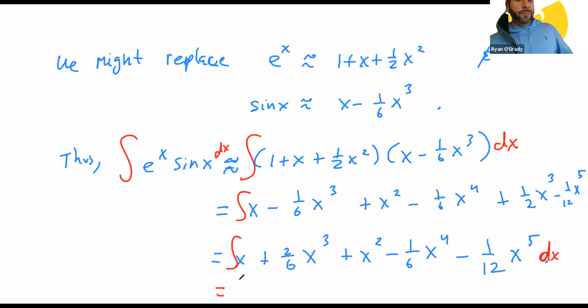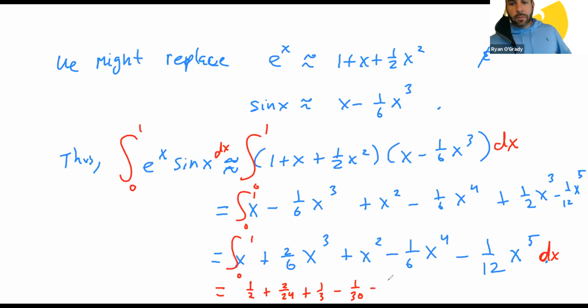What's this integral? Well, you're evaluating these from 0 to 1. So you get 1/2 plus 2 over 24 plus 1/3 minus 1 over 30. And then 6 and 12 is 70, right?